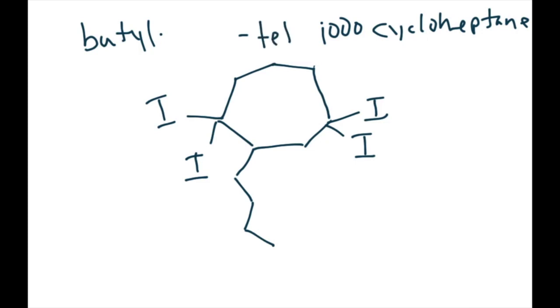Tetra. All right. So, where am I going to start numbering? Am I going to start numbering at carbon 1, 2, or 3? Which one's going to be the carbon I'm going to start numbering at? 1. Yeah. Plot twist. So this is going to be 4 in the end. So it's going to be 1, 1, 4, 4. So 2-butyl, 1,1,4,4-tetraiodo cycloheptane. So far, so good?